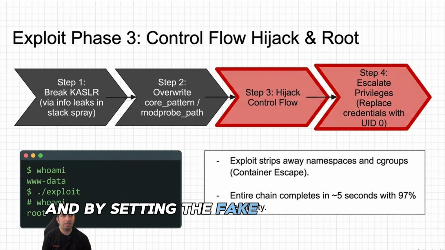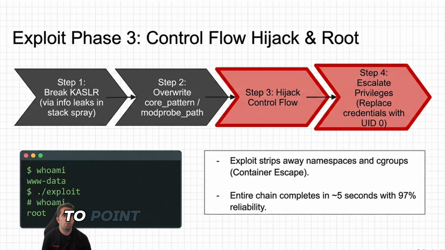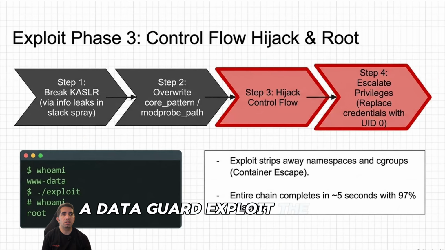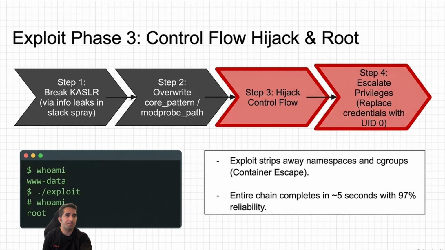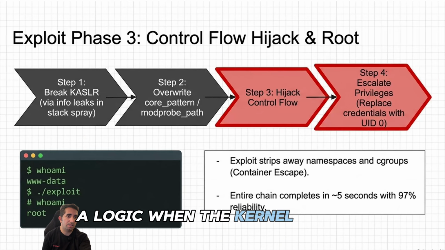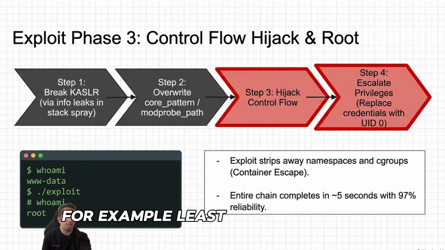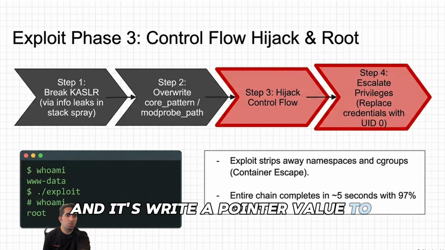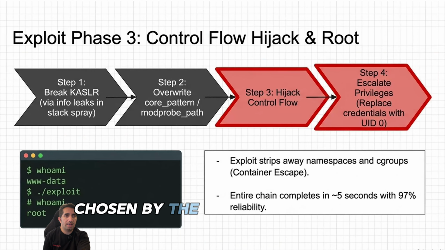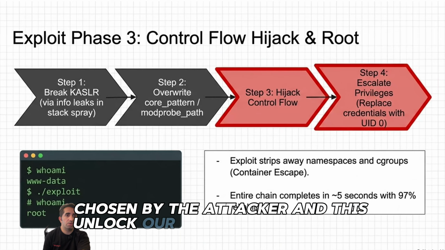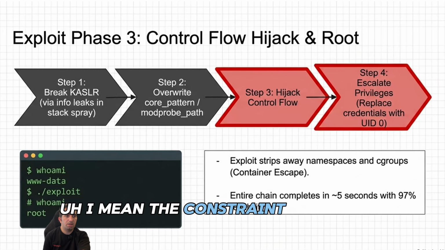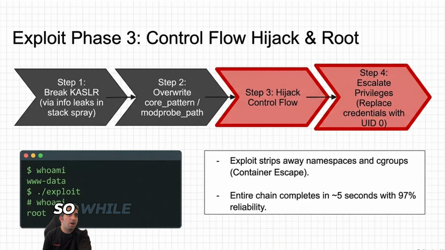By setting the fake list pointers to point to a target kernel address, the attacker exploits the list manipulation logic. When the kernel executes, for example, the list_del function, it writes a pointer value to an arbitrary address chosen by the attacker. And this unlocks our first major primitive, I mean the constrained arbitrary write.